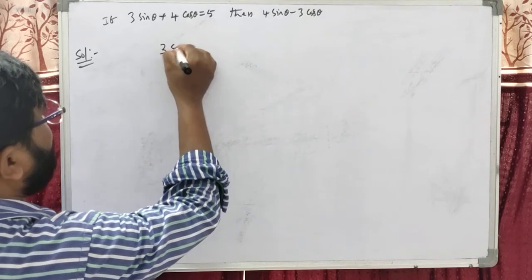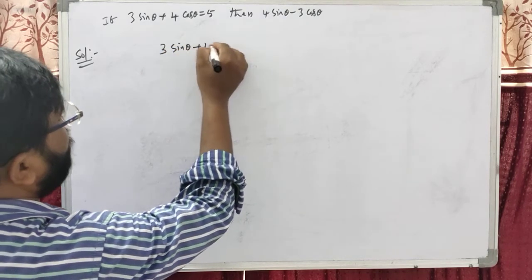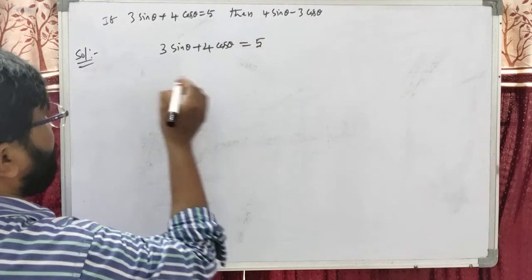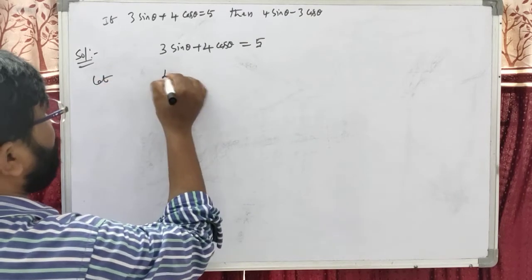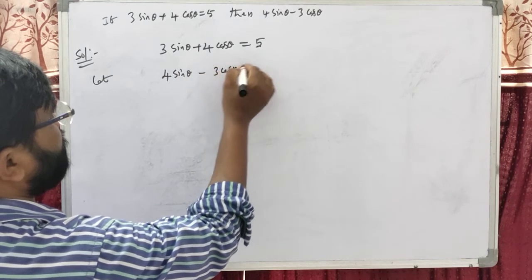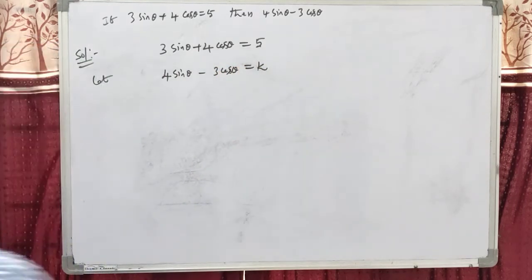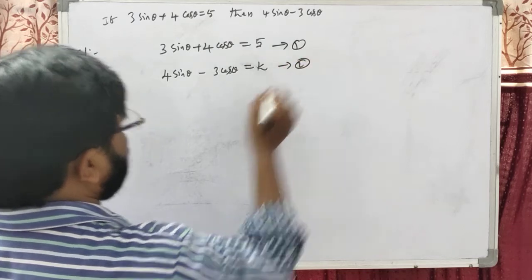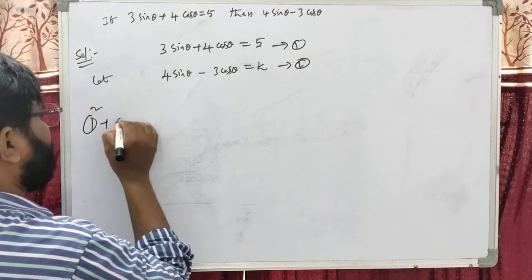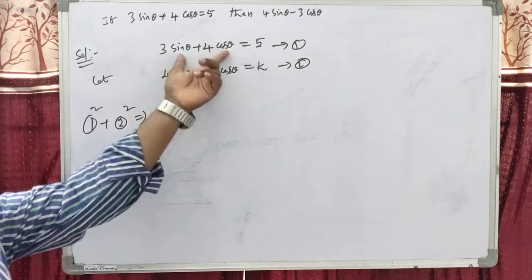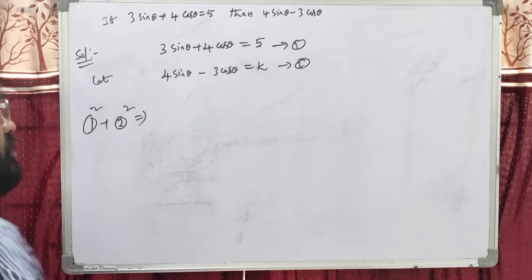What is given? 3 sin theta plus 4 cos theta equals 5. Now we find the value of 4 sin theta minus 3 cos theta, which we take as some k. Taking the sum of the squares, this is a plus b whole square, this is a minus b whole square.